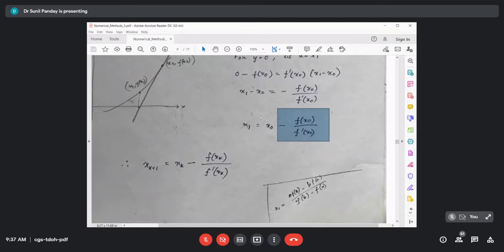It means there is a very small amount of correction, so you are getting a better result. So this is the advantage and disadvantage of the Newton-Raphson method.